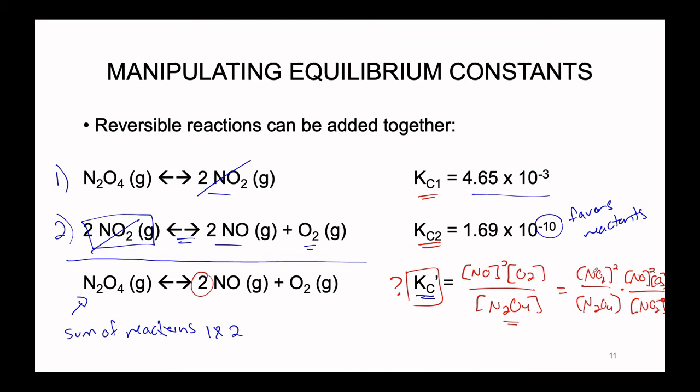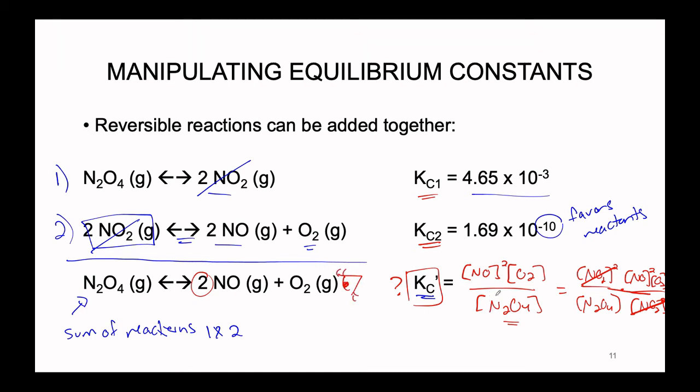If we follow the rules of algebra, when we multiply one fraction by another fraction, what we're really doing is multiplying the numerators and multiplying the denominators, keeping the line in between. What this means is that our NO2 squared concentrations are going to cancel out, leaving us exactly with the equilibrium expression that we just determined when looking at the reaction itself.